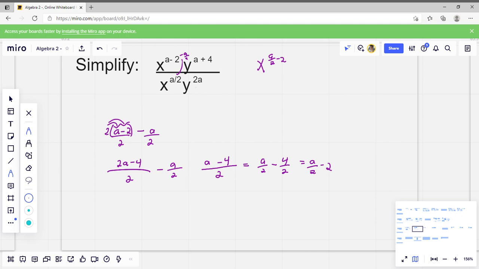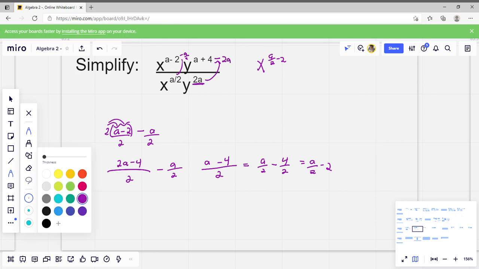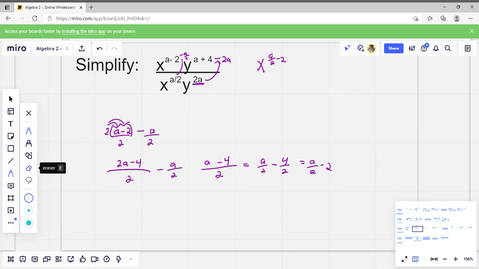Okay, and then our y, we're going to do 2a and subtract it from that part. Let me change colors here. So 2a, and we're subtracting it from that, so minus 2a.